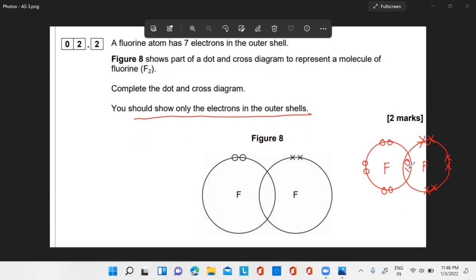So now we can say that this fluorine atom is also having 8 electrons and the other fluorine atom is also having 8 electrons, and they are sharing 2 electrons. Thus, by sharing 2 electrons, both atoms have 8 electrons in the outermost shell.